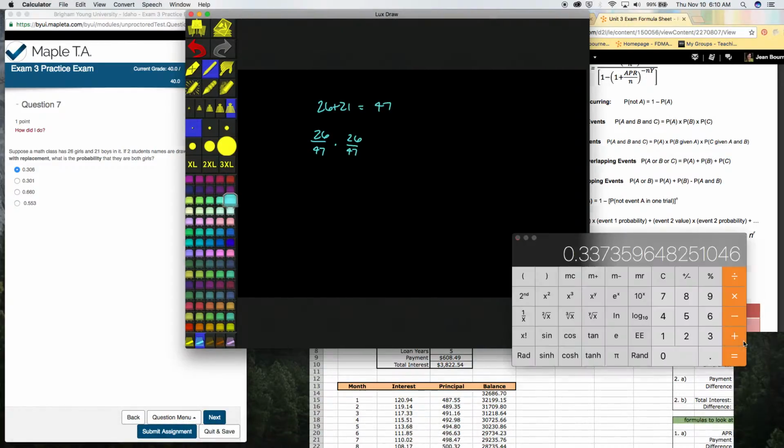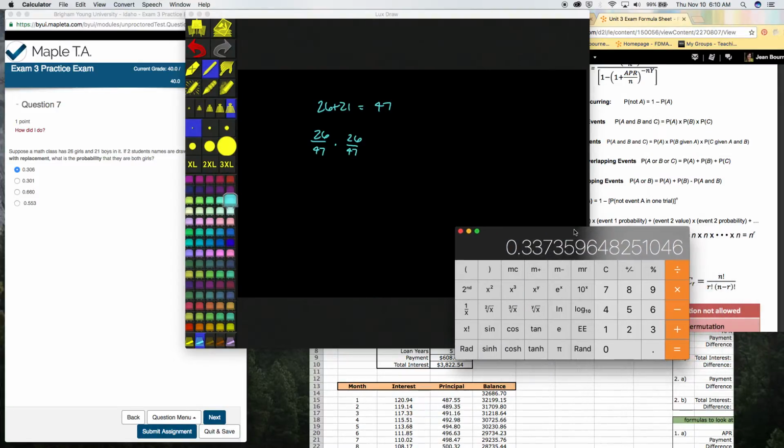So then I just come to my calculator here and I go 26 divided by 47 times 26 divided by 47. Whoops, that's not right. Let's try this again.